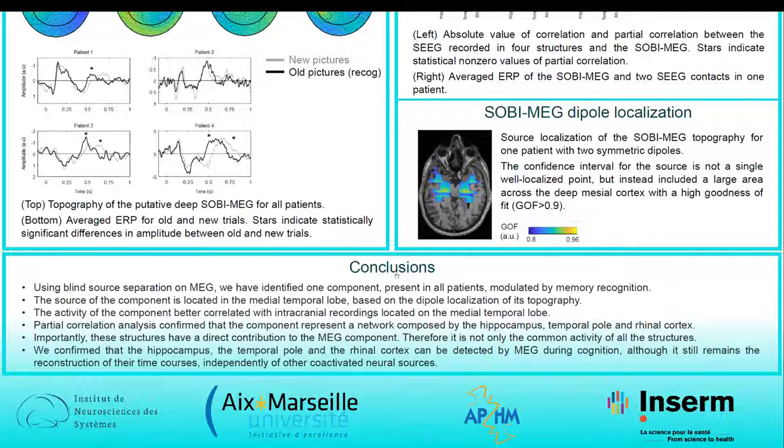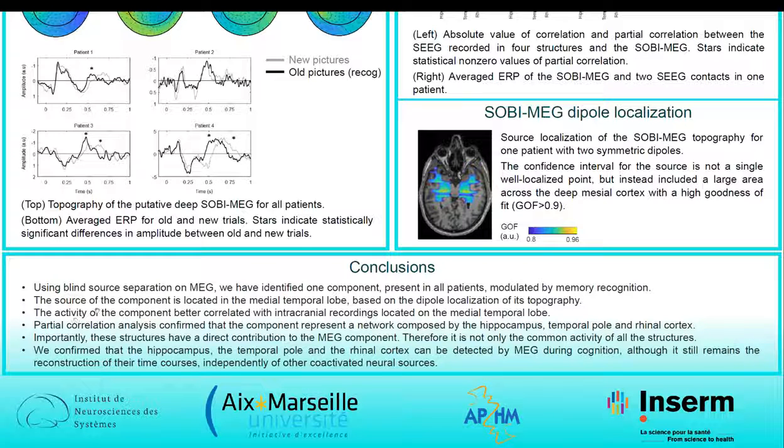So very briefly, the conclusions of this work are that we have applied blind source separation on MEG, and we have found one component that is quite robust because we found it in all our patients. This component is also modulated by the memory recognition task: when we compare old and new images, we have some modulation of the activity of this component.